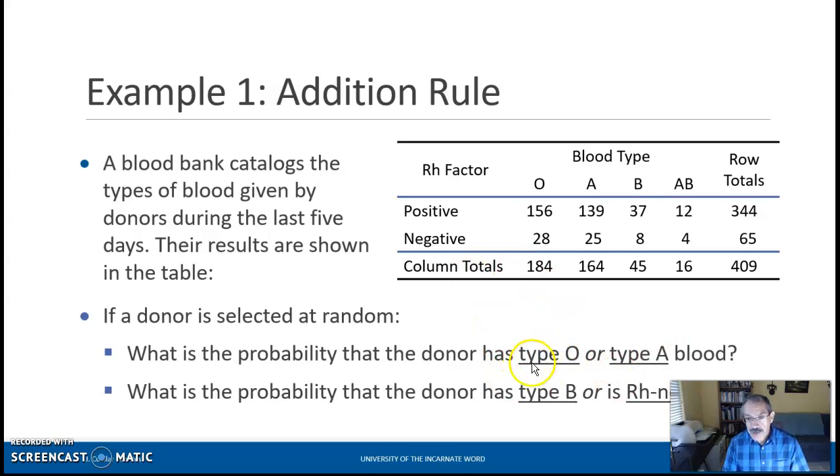So here we're interested in the events type O, type A, type B, and Rh negative. All right, so let's calculate these probabilities. Notice that we're saying type O or type A, so we're looking at the union of those two events, and type B or Rh negative, so we're looking at the union of these two events.